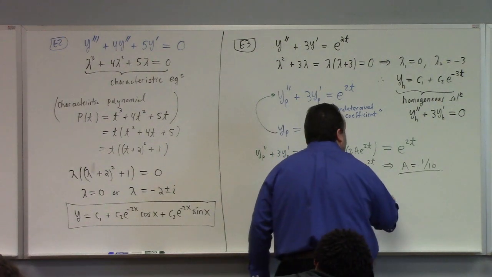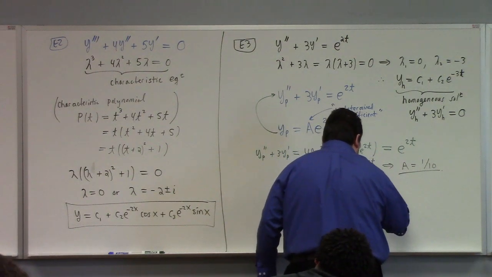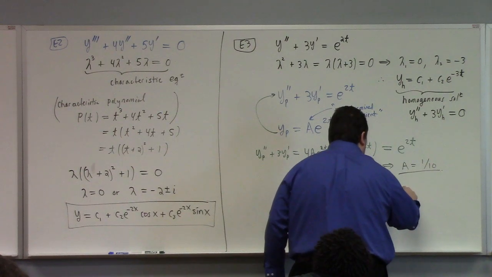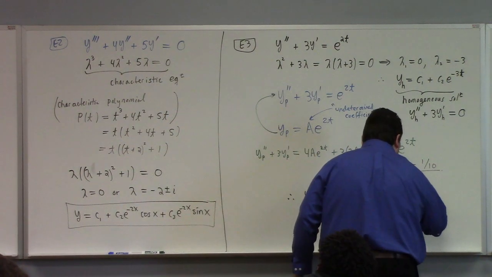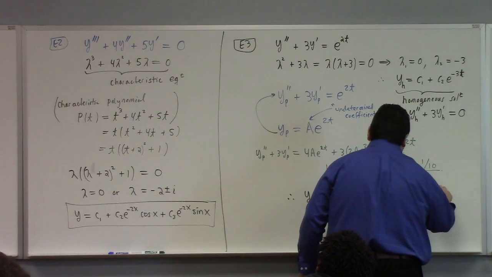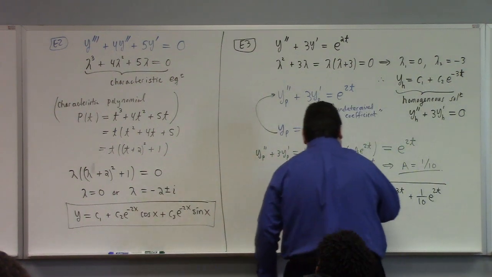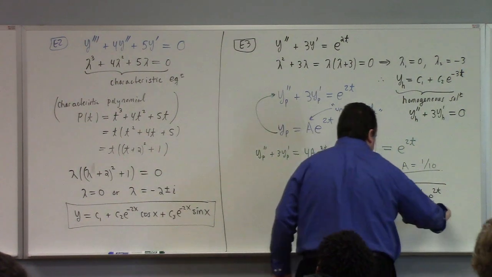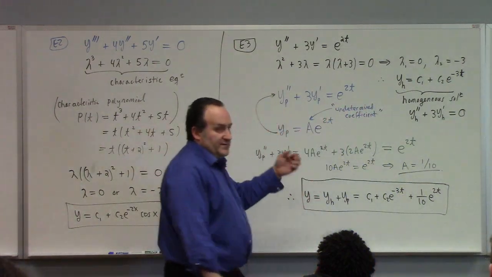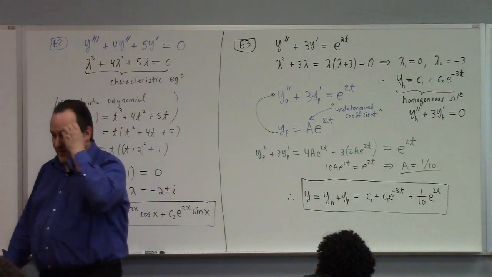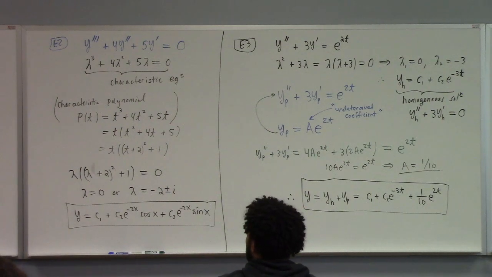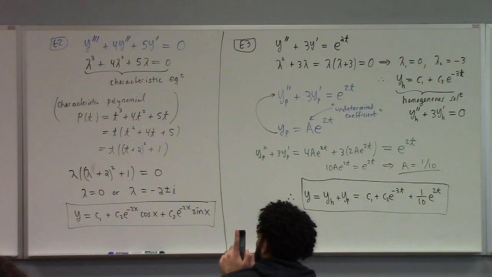And so we got C1 plus C2 e to the minus 3t plus 1/10 e to the 2t. And there you go. That's the solution. All right? Right there, we solved it. This is our first non-homogeneous. Are you happy? You should be happy. We solved the non-homogeneous problem. This is an accomplishment. You should all be very happy.